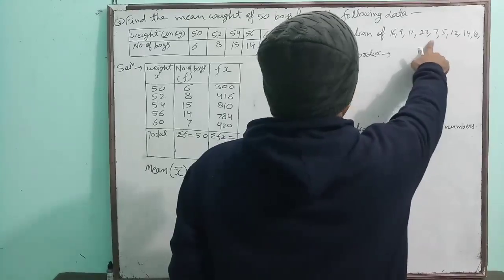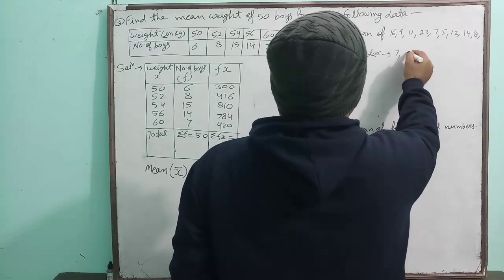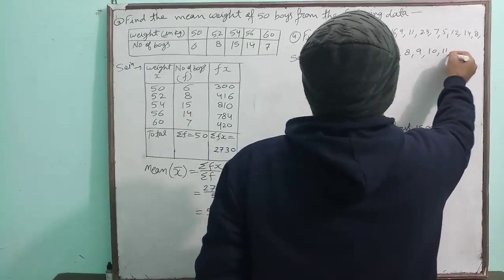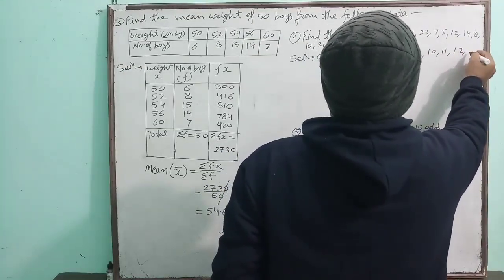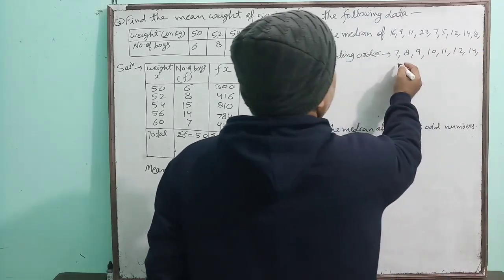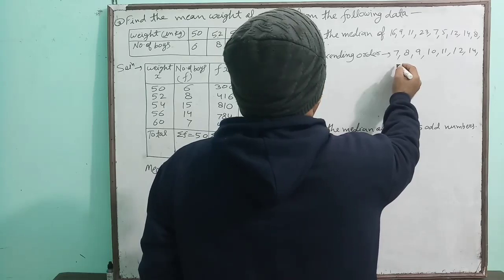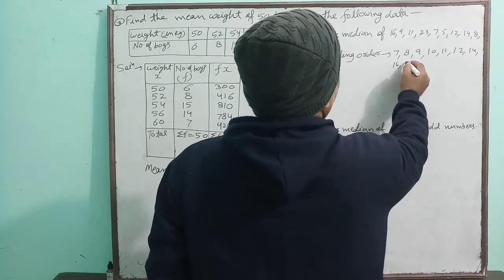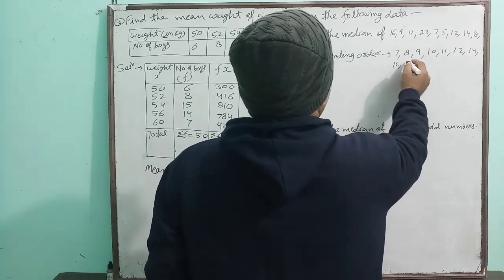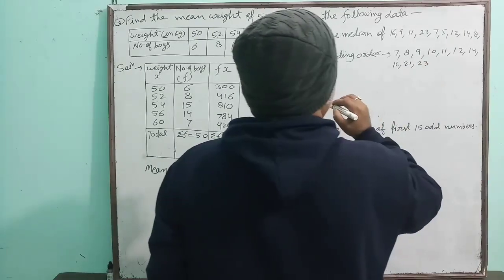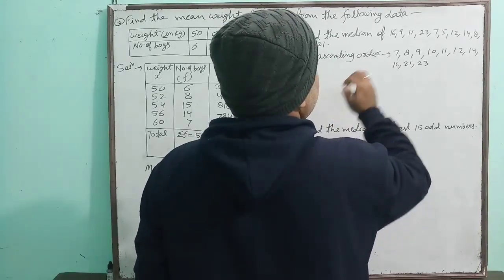No, 7. So 7, 8, 9, 10, 11, 12. After 12, 14, 14, then 16, then 21, then 23. Is this over?